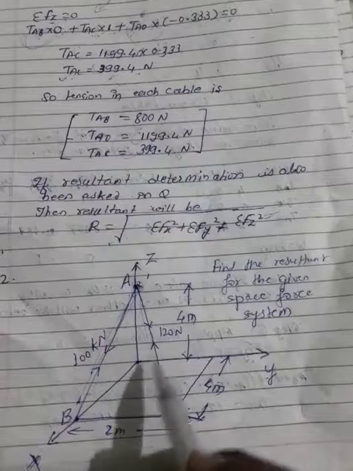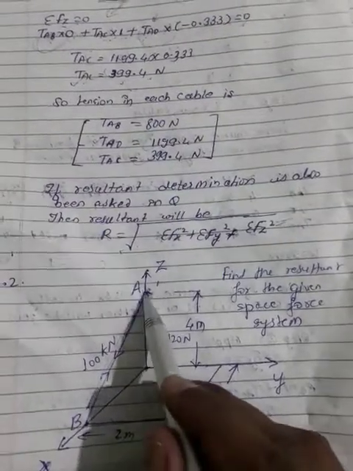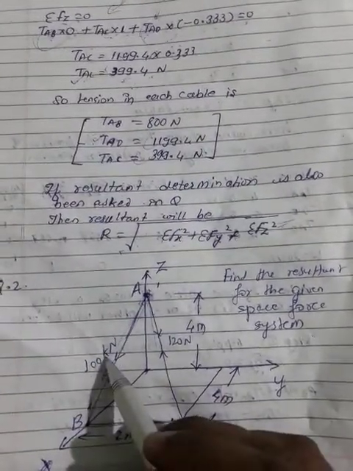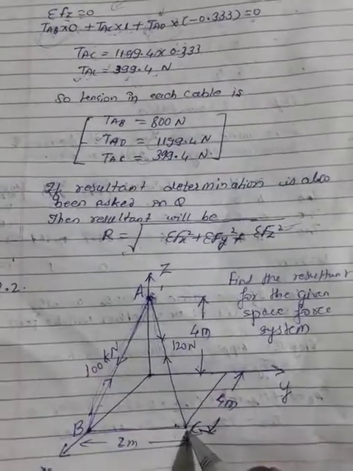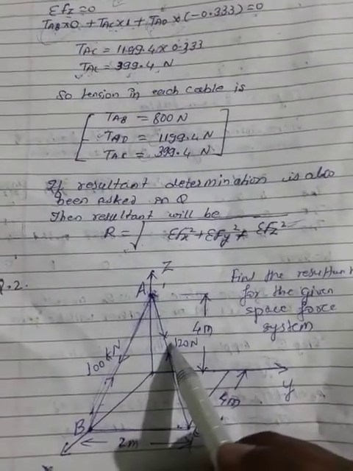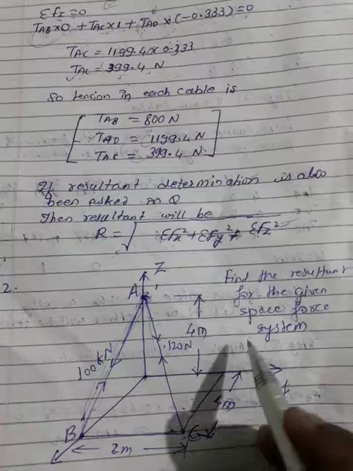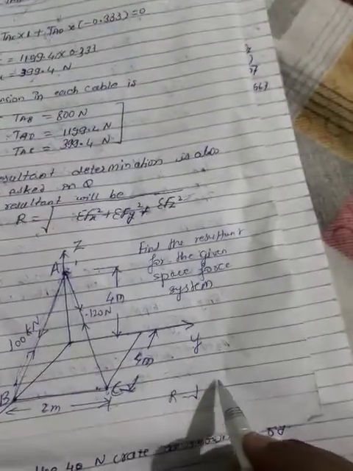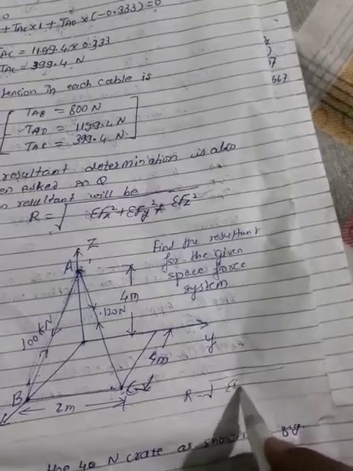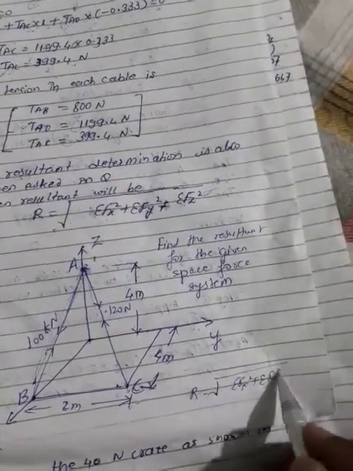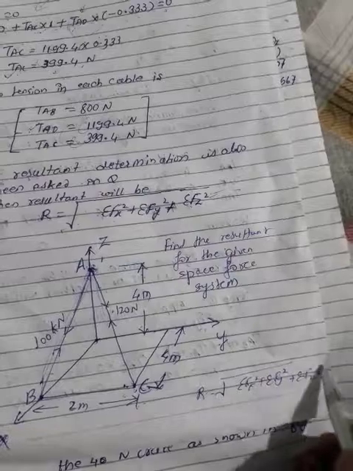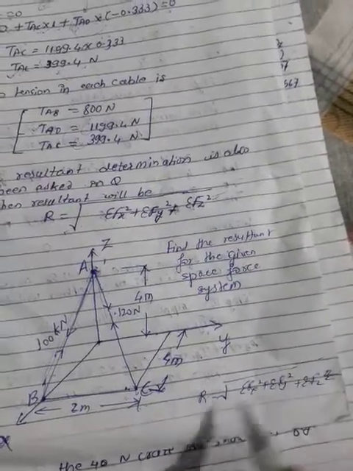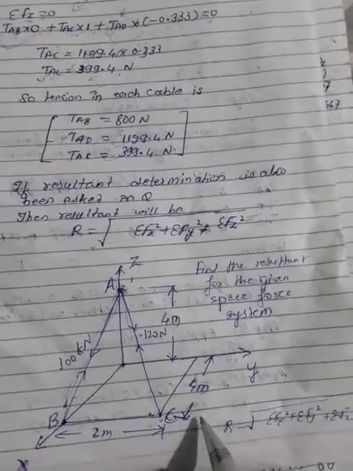They also gave the force in member AB, which is 100 Newton, and the force in member AC, which is 120 Newton. To calculate the resultant, I am going to use this formula, R equal to the root of summation Fx square, summation Fy square, summation Fz square.